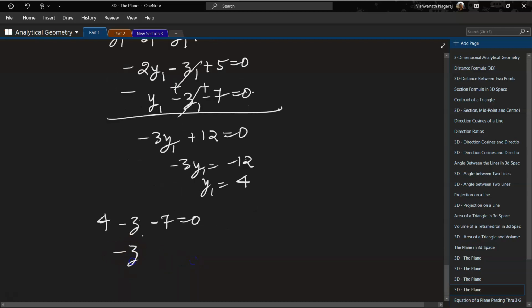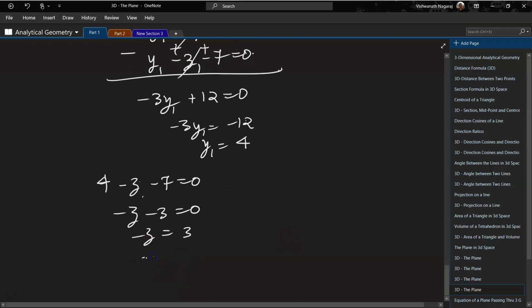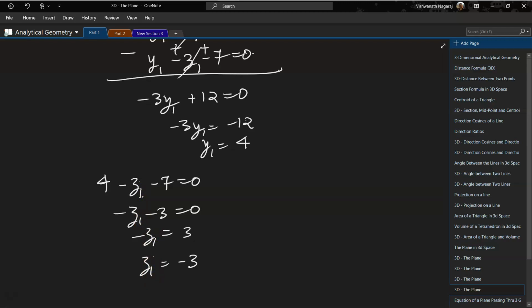So this becomes minus z1 minus 3 equal to 0, or z1 is equal to minus 3. Okay, so we have got the coordinate of z1 also.